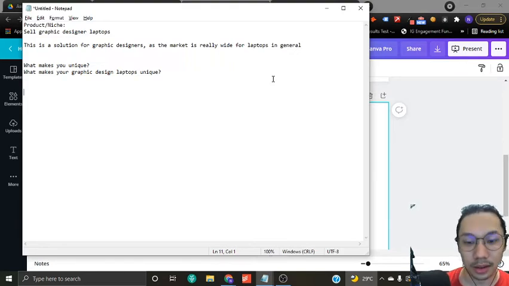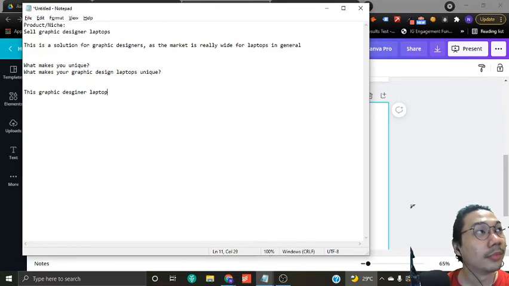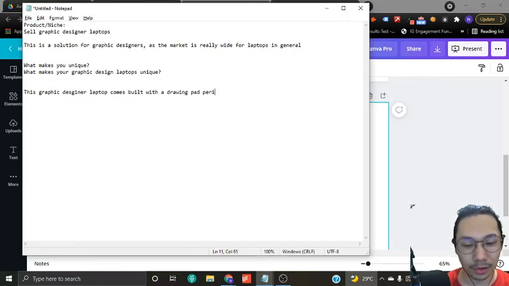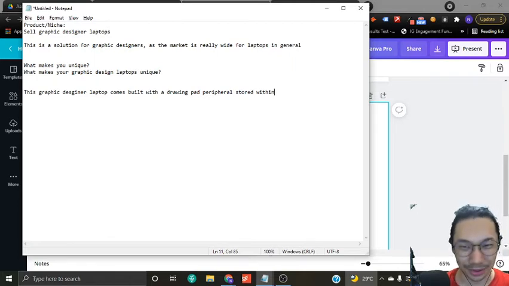So, this graphic designer laptop comes built with, I forgot what you want to call it, drawing pad, peripheral, stored within. I don't think that it's an actual thing, but it's just a concept.